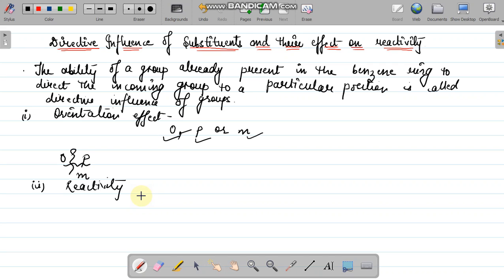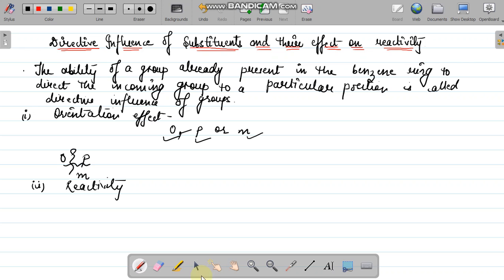On the other hand, some groups deactivate the ring and make it less reactive than benzene. For example, in aromatic nitration, the OH group makes the ring more reactive than benzene, whereas if NO2 is the substituent, it makes the ring less reactive.